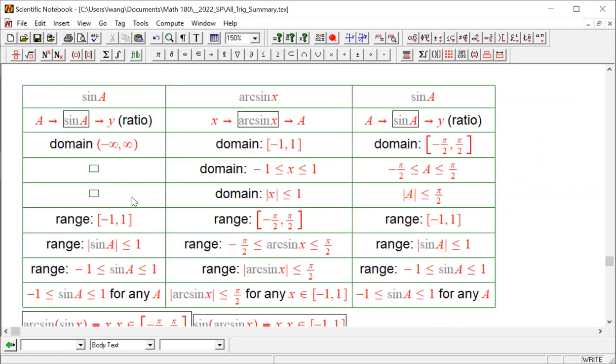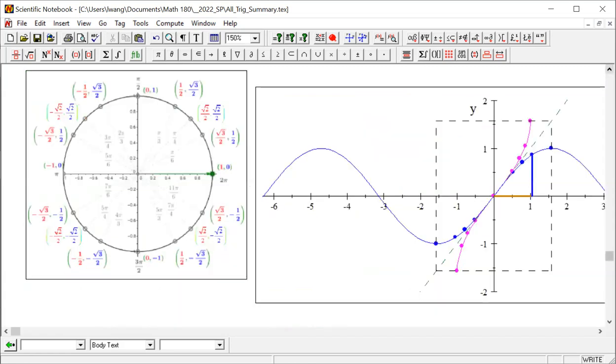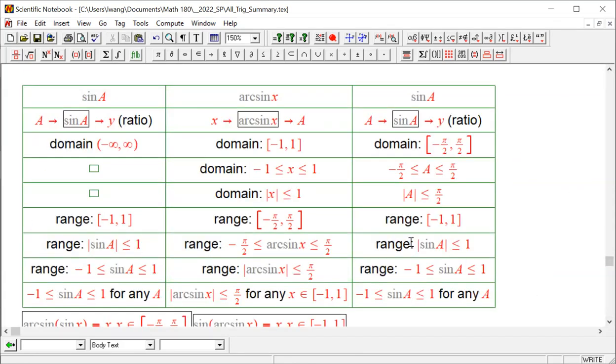So here we have a summary, right? We definitely did the summary in those lessons. We discussed sine, arc sine, and the inverse of arc sine, the domain, and the different forms of writing domain and range, in particular the range for sine.